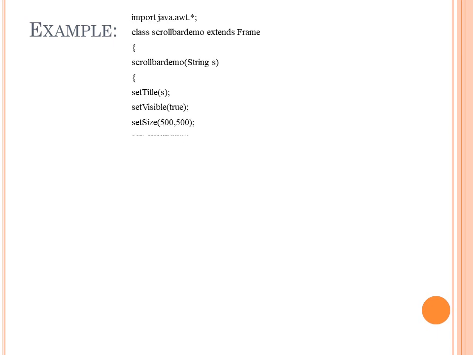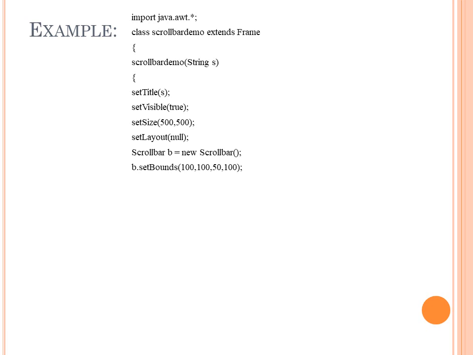Next, in our example for the scroll bar, we are again going to add the import java.awt package. Then we are going to write the class name as ScrollBarDemo extends Frame. Then your Frame class methods. This will be your Frame class methods. Then we are going to initiate the scroll bar object, that is Scrollbar b is equal to new Scrollbar.